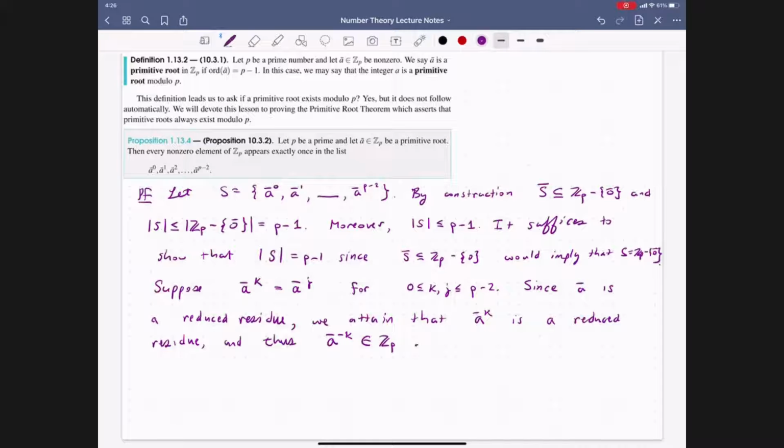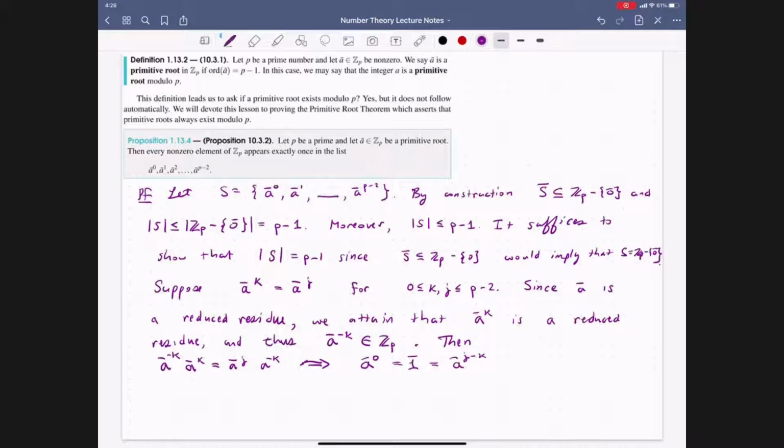But we can now go ahead and multiply both sides of the previous equation. So we have a bar to the k is equal to a bar to the j. We're going to multiply both sides by a bar to the minus k. And so now this would imply that we have a bar to the 0, which is 1 bar, is equal to a to the j minus k.